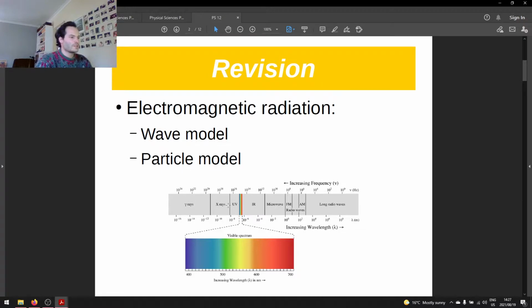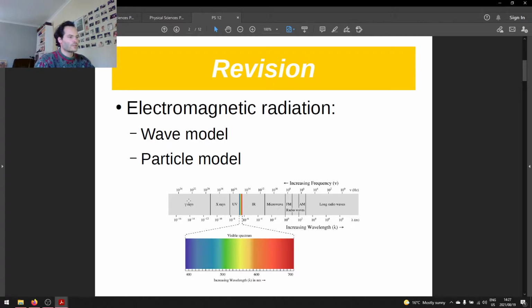As our frequencies increase, we then move on to our UV light, as we can see there, then X-rays, and then finally the electromagnetic radiation with the highest frequency is going to be gamma rays. Now, the frequency increases as I move towards the left, and as I move towards the right, the wavelength increases.